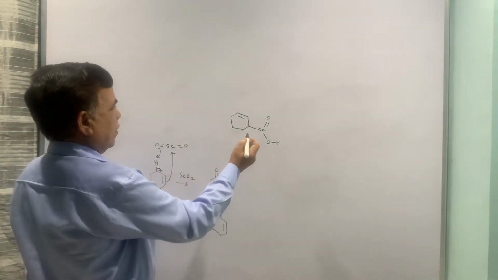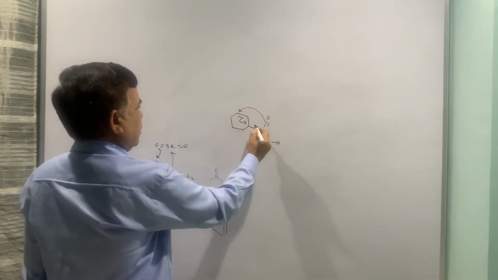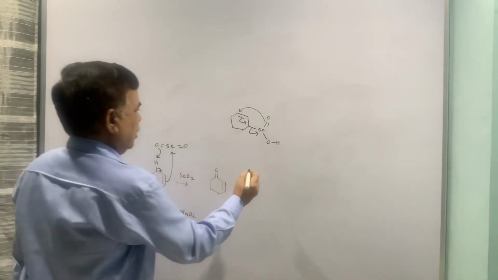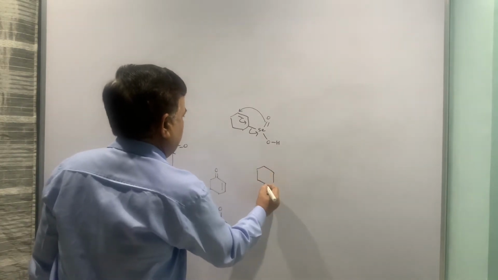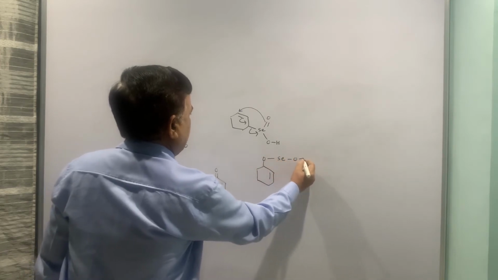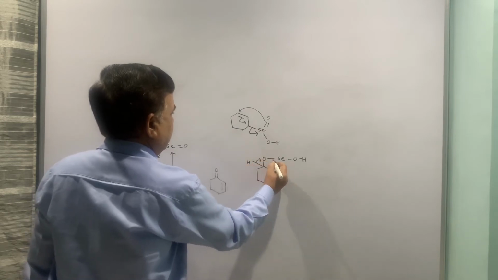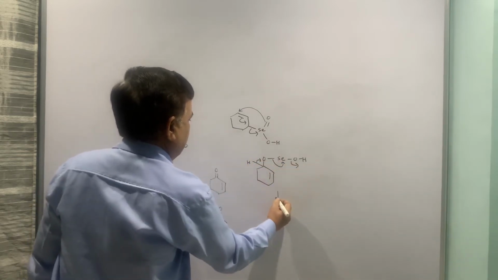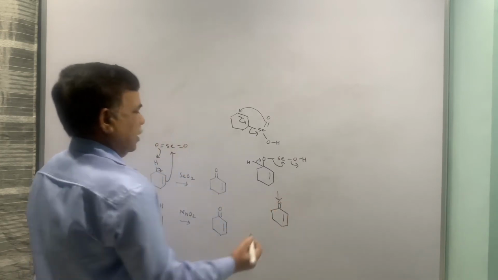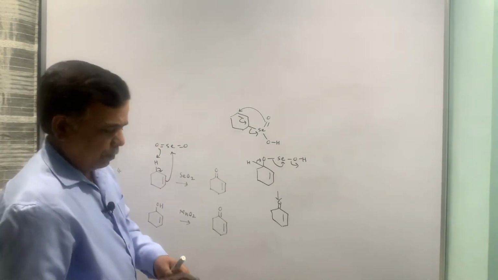Now the double bond is retained and you get a bond with oxygen. Now this O Se OH, and you can see that when this goes off you get the target molecule. So oxidation at the allylic position is possible through this kind of bonding.